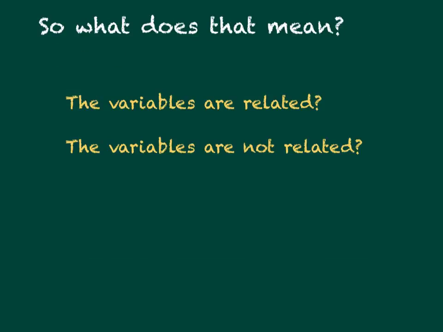Don't forget that you should tell me if they are related or not. Sometimes the variables will not be related. In other words, a change in the independent will not cause a change in the dependent variable. So we would see a certain type of line.